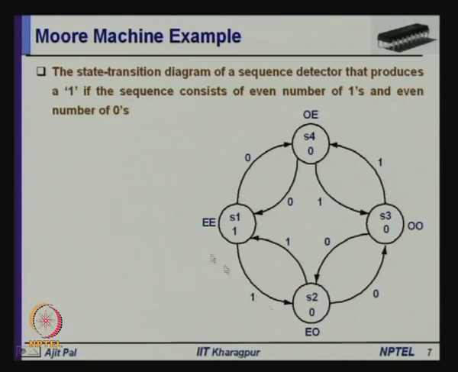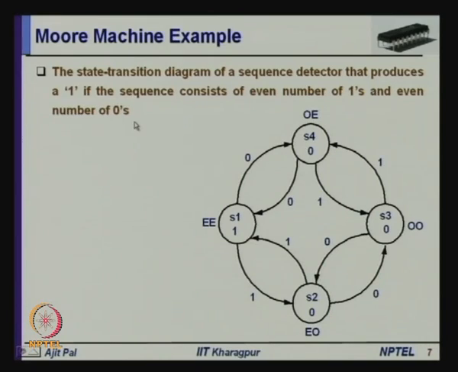Now, let us consider a Moore machine. The state transition diagram of a sequence detector, again I have taken up the example of a sequence detector, produces a 1 if the sequence consists of an even number of ones and an even number of zeros.